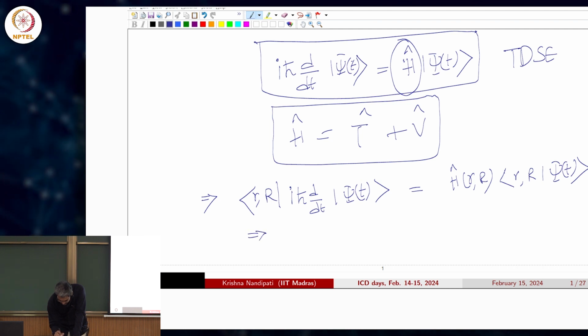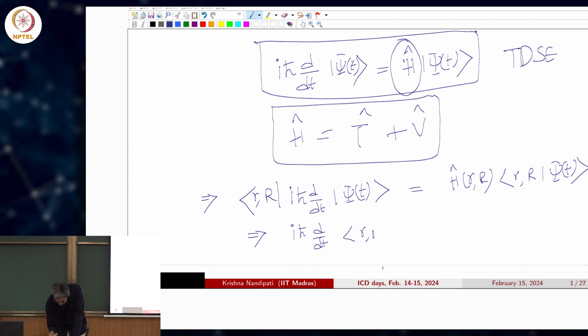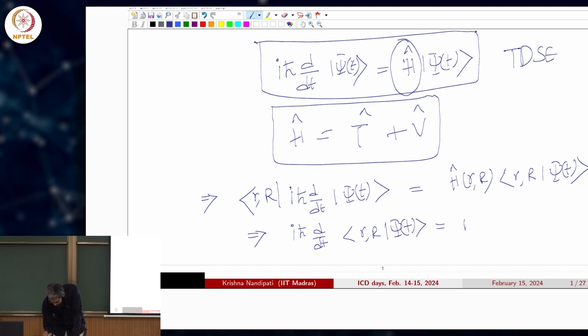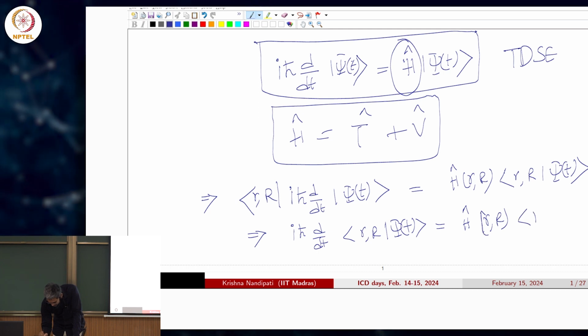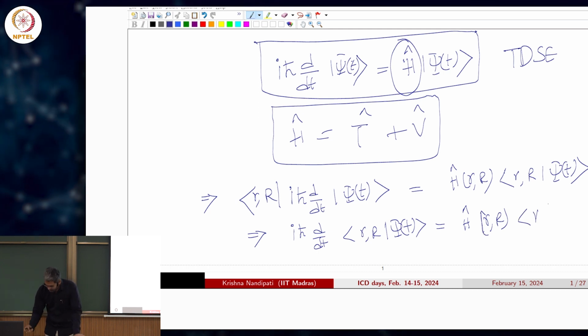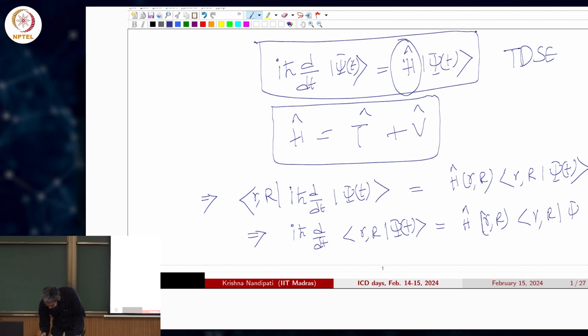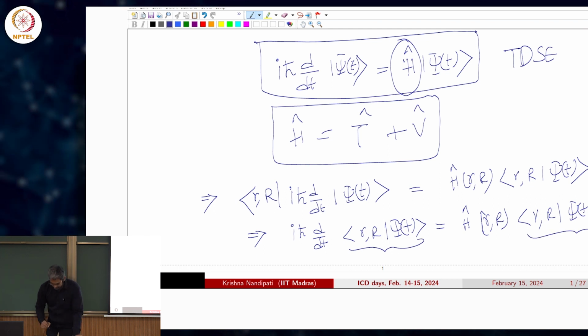So how does it go? What is this quantity called usually?